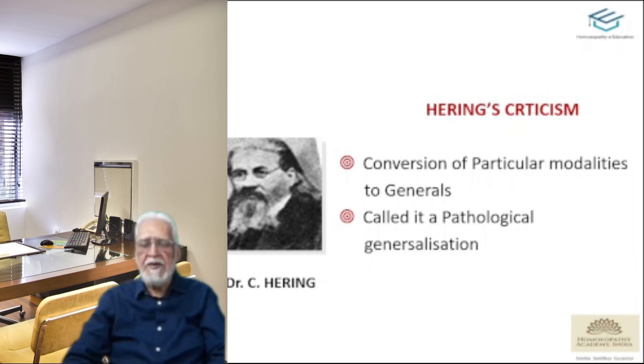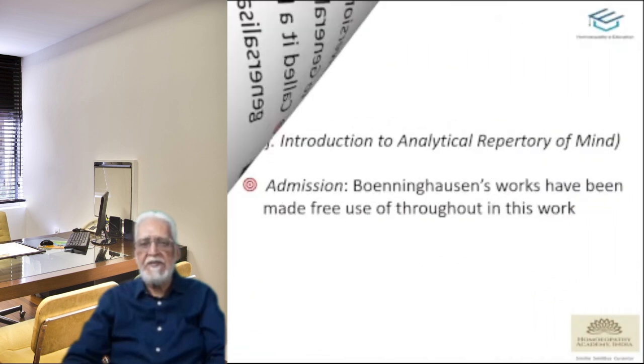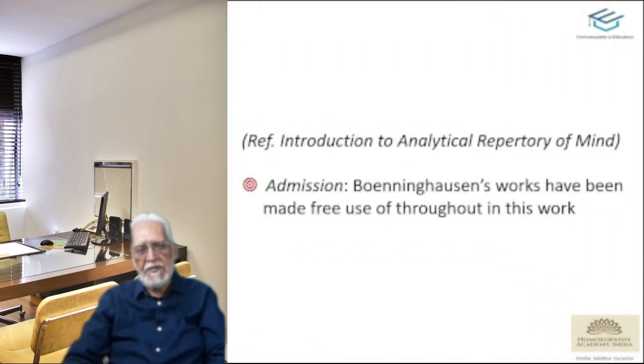Hering criticized Boenninghausen for converting the particular modalities into general modalities, calling it pathological generalization. This is mentioned in the introduction to his repertory called Analytical Repertory of the Mind. But if you go through the repertory, he has admitted that Boenninghausen's work has been made free use of throughout in this work.